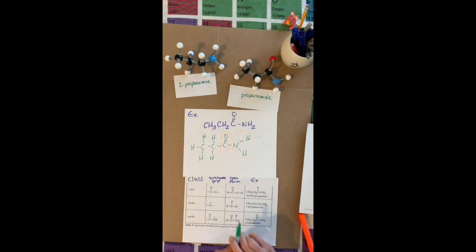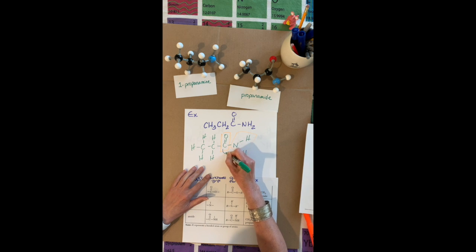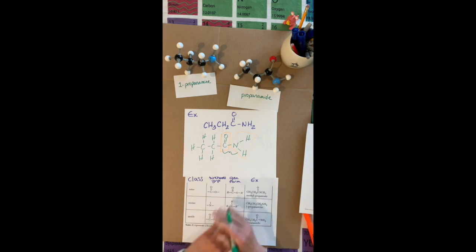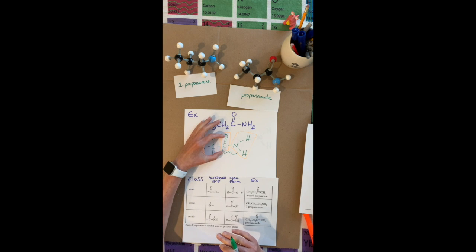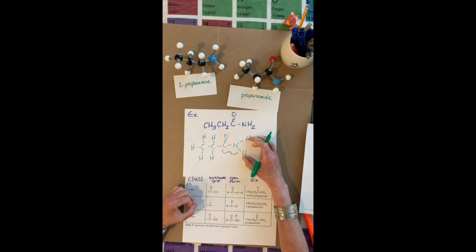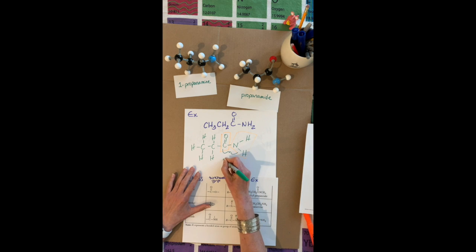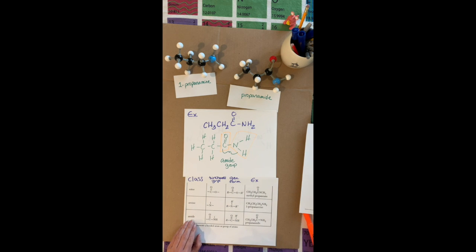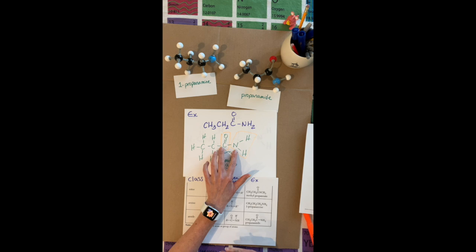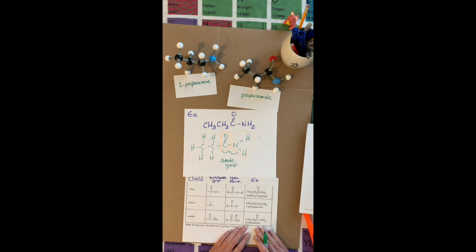And actually, this bond between that carbon and nitrogen, the carbon of a carbonyl and the nitrogen of an amine, is called the amide group, okay? Making this an amide. So this is the functional group here, linking these two. And when we look at our example, this is called propanamide. Why? Because we have the 3-carbon backbone, propanamide.